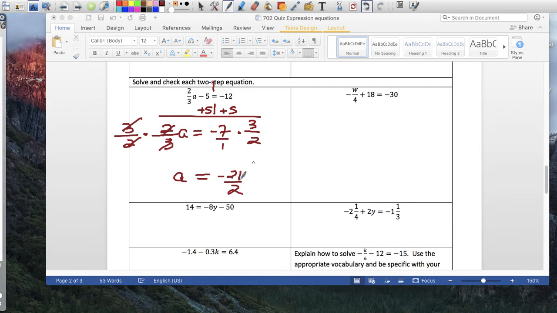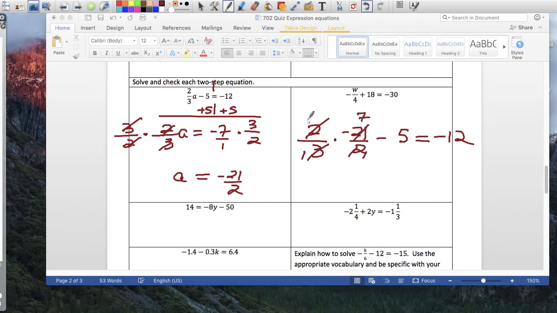If I take that and check, I'm going to have 2/3 times A, which I know what it is now. It's negative 21 over 2, minus 5 equals negative 12. Let's see if that's true. Well, this 3 and this guy over here, 3 divided by 3 is 1, 21 divided by 3 is 7.